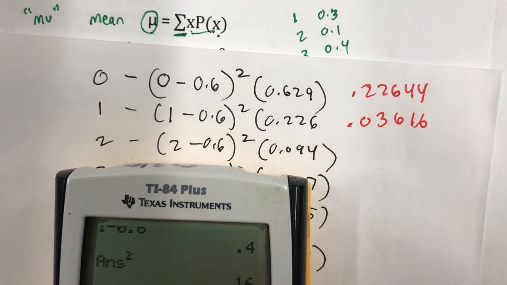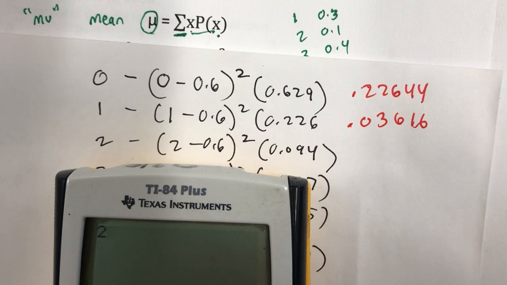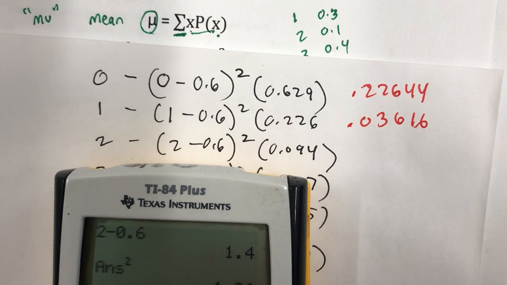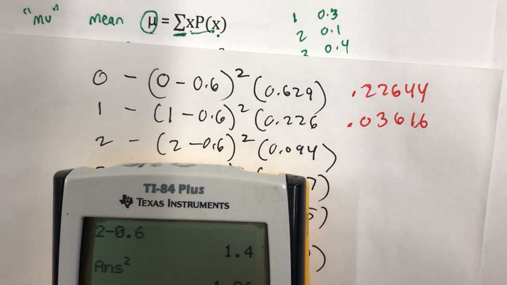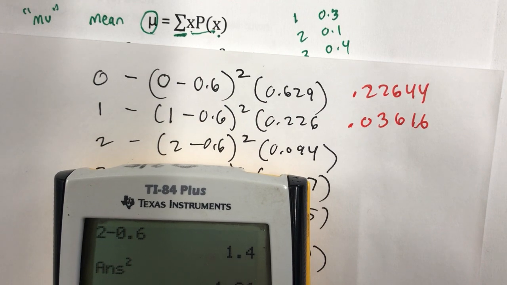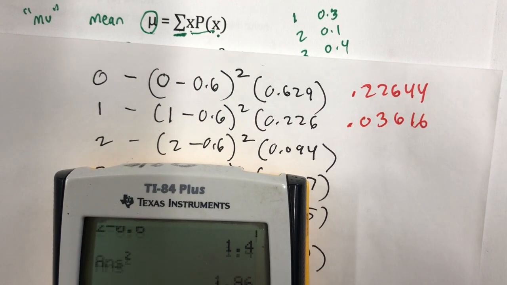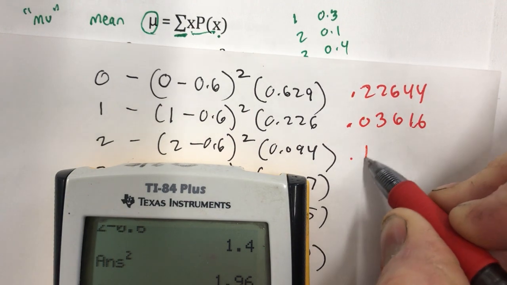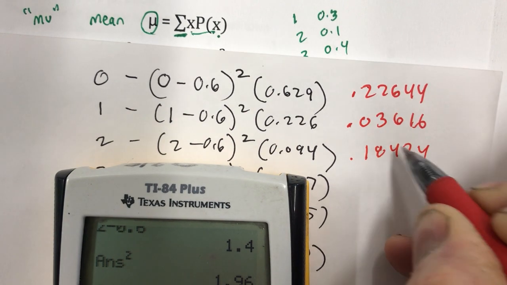Okay, I'm going to have 2 minus 0.6 enter, square it, equals, times its probability, which is 0.094. And that comes up to 0.18424.